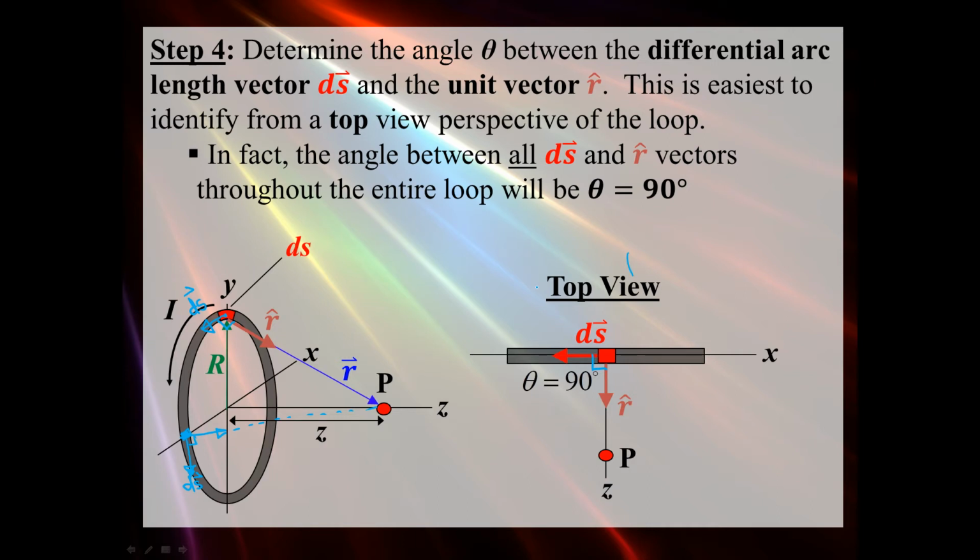And yeah, I already said this. In fact, the angle between all of your ds vectors and all of your unit vectors throughout the entire loop will be theta equal to 90 degrees, which we need to be constant if we're going to evaluate this integral properly.